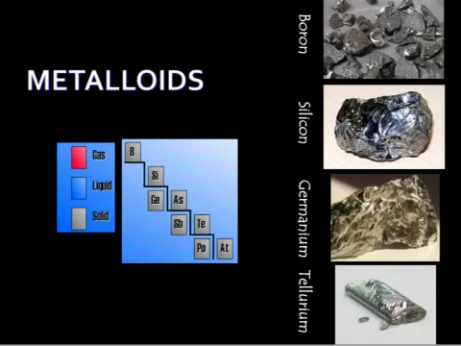The metalloids include boron, silicon, germanium, and several others, and tellurium, and you can see what they look like by looking at these pictures. They look similar to metals in that they are shiny and silvery, but they have some different kinds of properties that are useful to us.